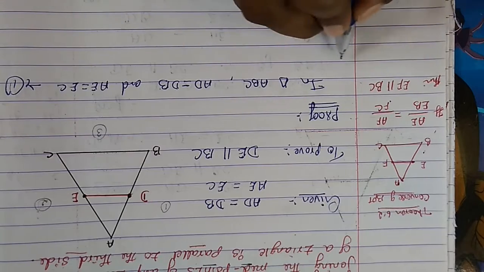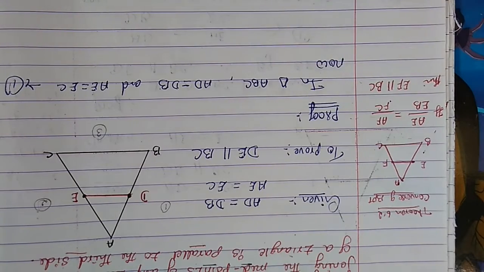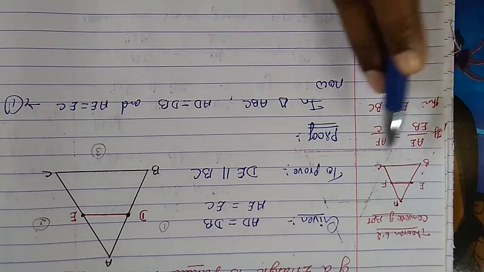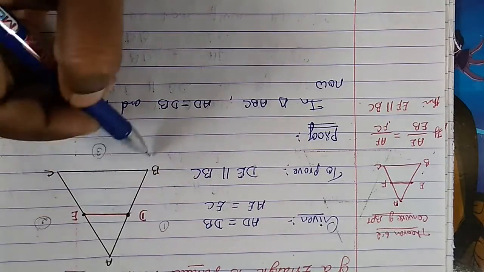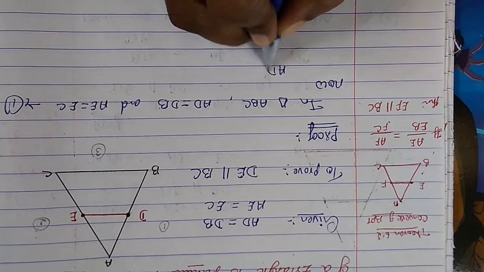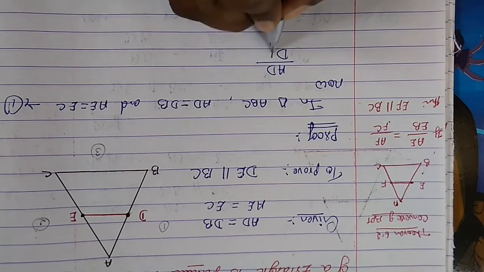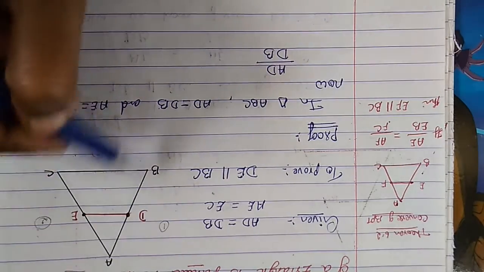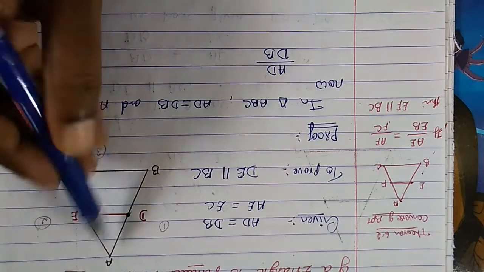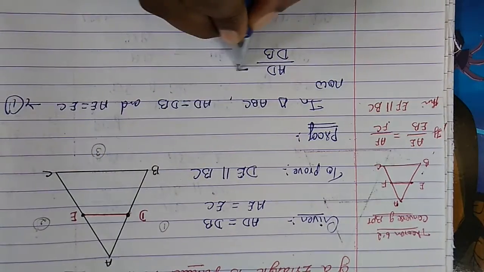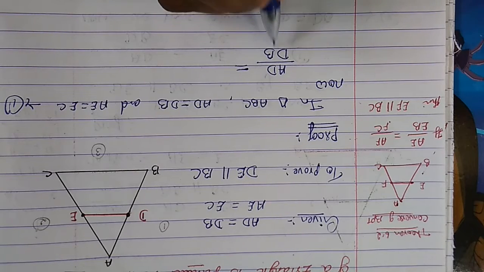Now we have to prove that the ratios are equal. First we'll take the first ratio, that is AD upon DB.